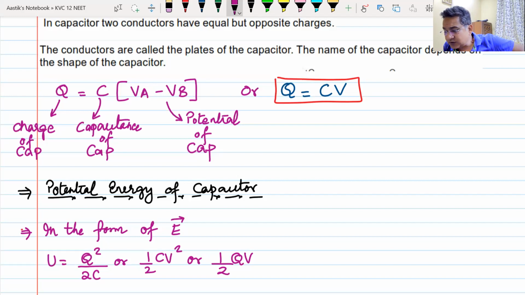Q square by 2C, as you can see, it's the same formula, or half CV square or half Q into V. Do we understand this? Yes or no? Yes, sir.